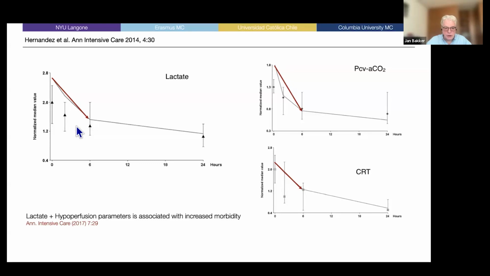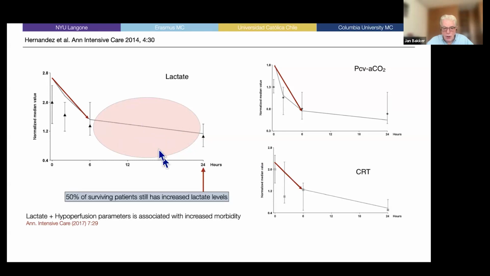There is no discussion that if you have lactate and hypoperfusion, this is related to mortality. But having an increased lactate, let's say more than 6 hours after you did your interventions and you normalize your flow parameters, this lactate is not hypoperfusion anymore.